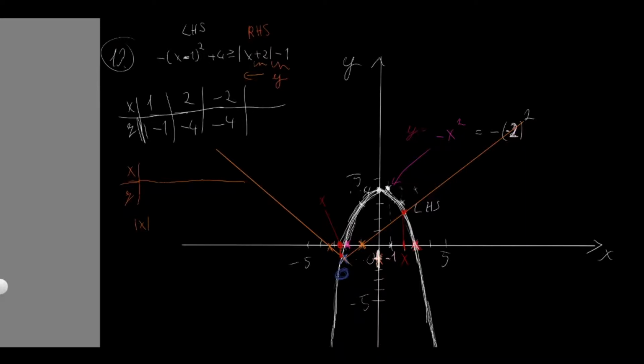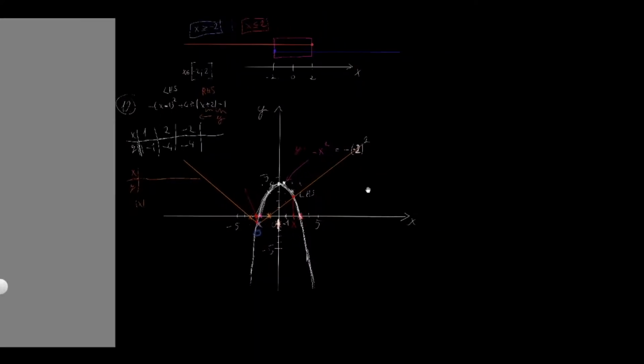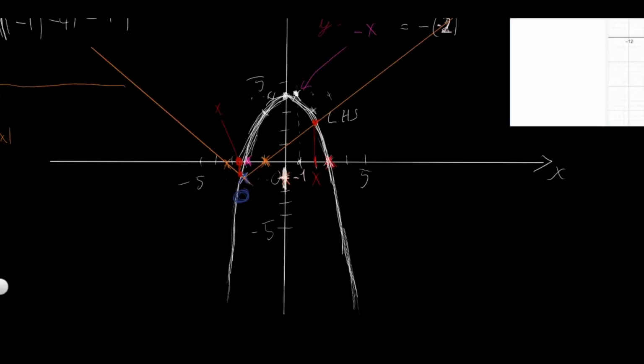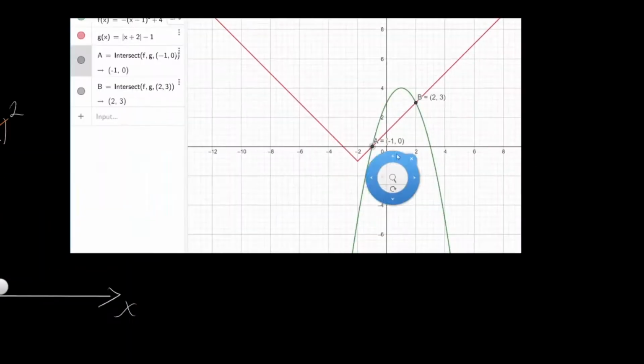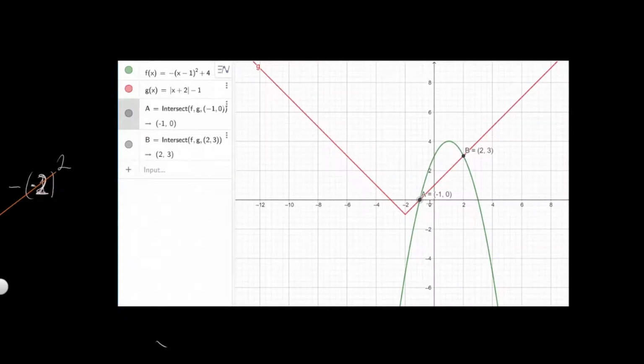Let me just quickly do that in GeoGebra, and I will insert the picture of these functions. So the graph is here. With red we have the g of x function, which is the absolute value of x plus 2 minus 1.